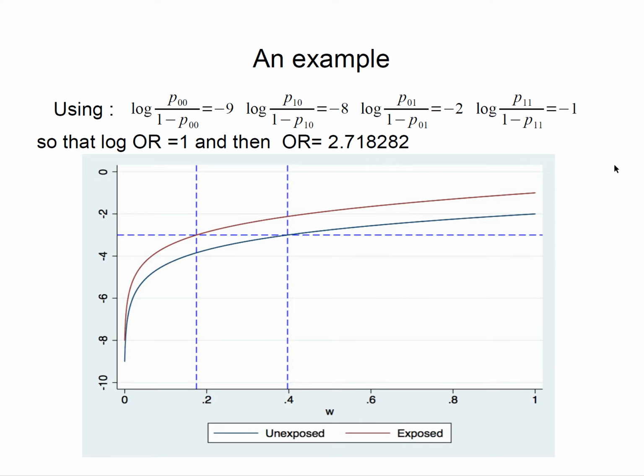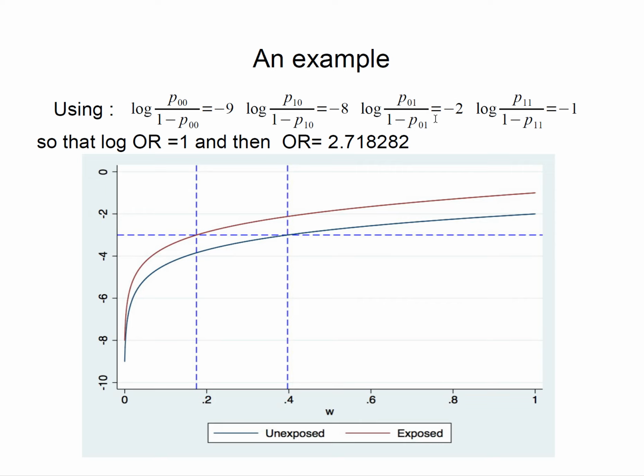So here, for strata 0, that is -8 minus -9. That's a difference of 1. So the log odds ratio in strata 0 is 1. And if we take -1 minus -2, we also get 1. So the log odds ratio in strata 1 is also 1. And the odds ratio then is 2.71, by taking the exponent.